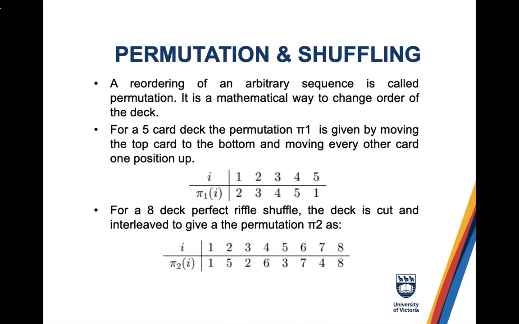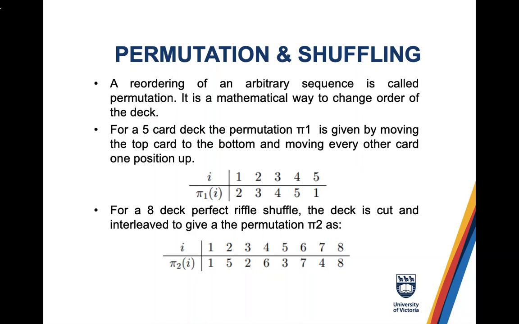So what is permutation and shuffling? Let's say, for example, we have a 5-card deck and we can do a permutation, P1. Let's say that we have 1, 2, 3, 4, 5. I take the first card and put it at the end. So P1 will be 2, 3, 4, 5, 1. And let's say another example, P2, we have 8 cards, and we're going to perform a riffle shuffle on them.